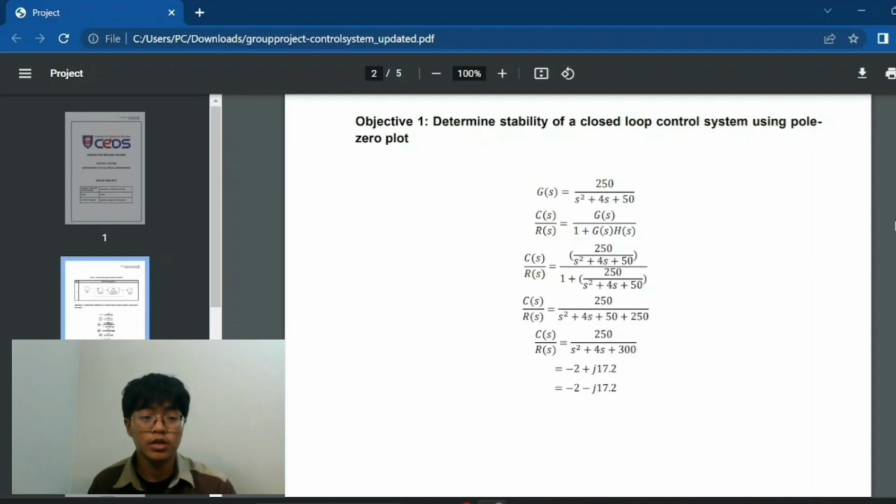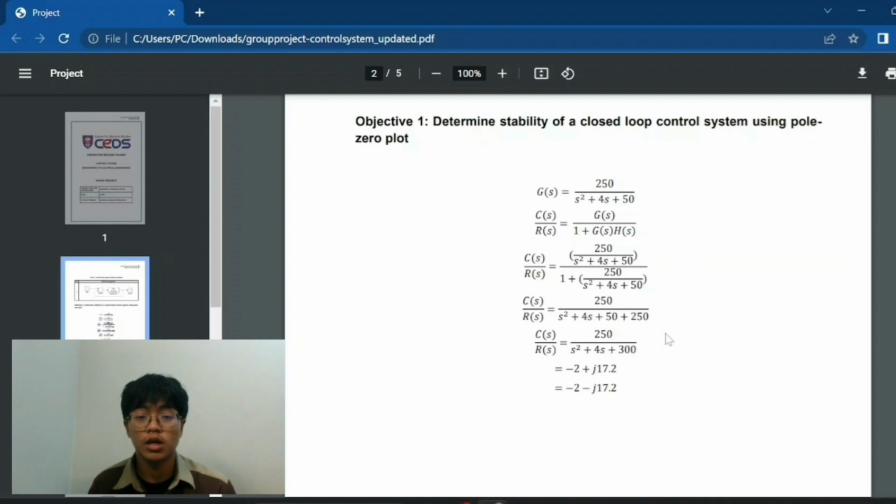So after we insert the GS to the feedback formula, we can settle it for 50 plus 250. So after that we will get 300, and the final answer we got from the calculator.